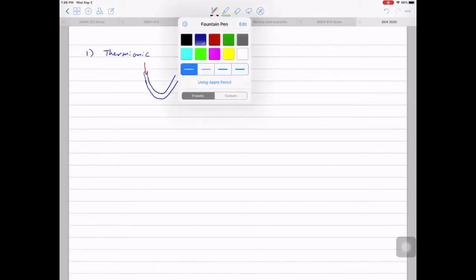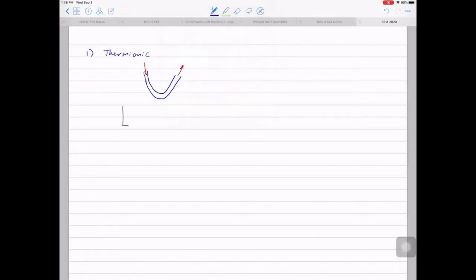Underneath the filament, there's a structure called the Wehnelt cup. So this is called Wehnelt. It applies a bias. The electrons, after getting heated up, are ready to leave, but you need a small kick to get these electrons out.